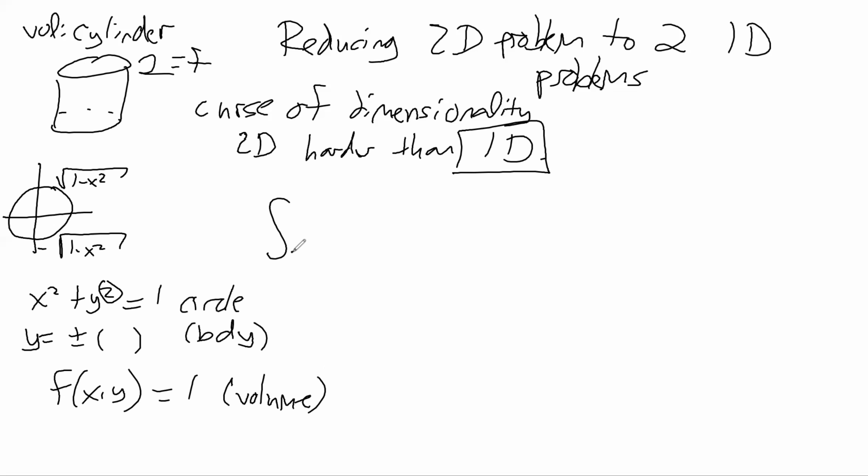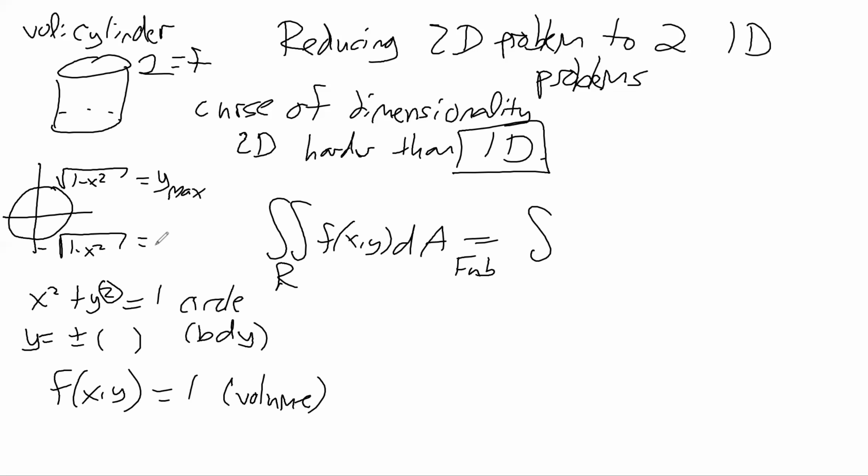So our double integral, if you use Fubini, well, these are your y's. In fact, you could have done x's because it's a circle, but let's just do y's. So our y's go first. Right, because our y is the one that's varying.